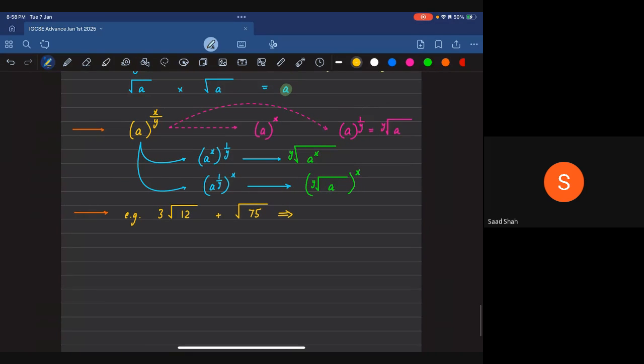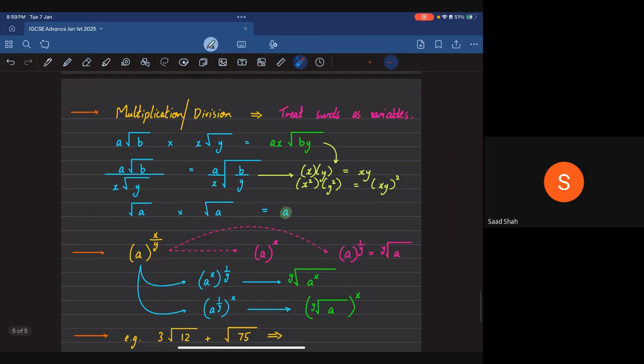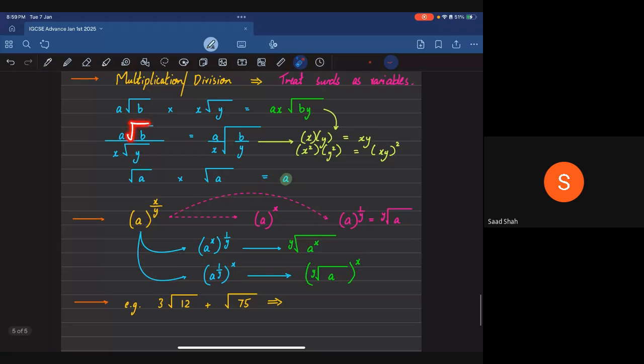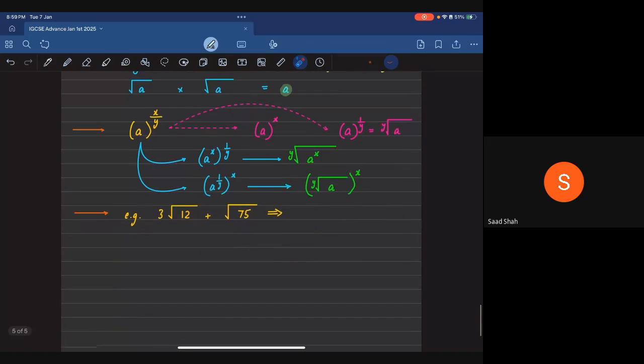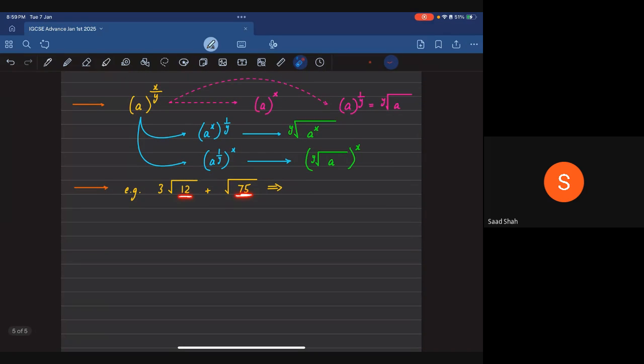We know for sure that these both are not perfect squares or perfect cubes, whatever it is. What you're simply going to do is this: we know that if two bases, even two different bases, have the same surd on top of them, you can write them together or multiply them. So I can easily break these numbers down into numbers which are actually perfect squares or perfect cubes, depending on what the root is. Over here, it's going to be perfect squares.